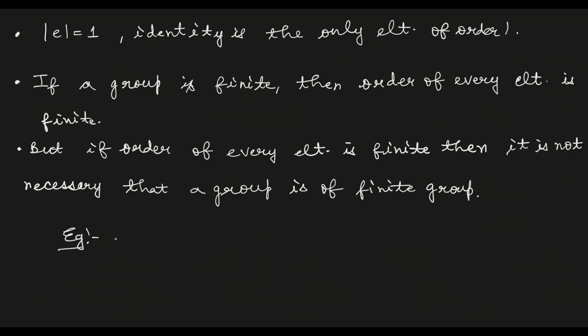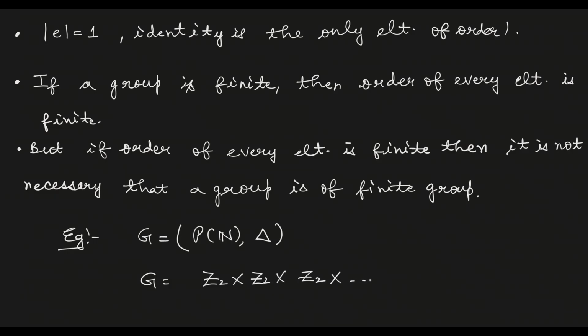For example, if I take the power set of natural numbers with symmetric difference operation. Another example, Z2 cross Z2 cross Z2 and so on. We know that every element in this Z2 is of finite order, but this group G is not of finite order.